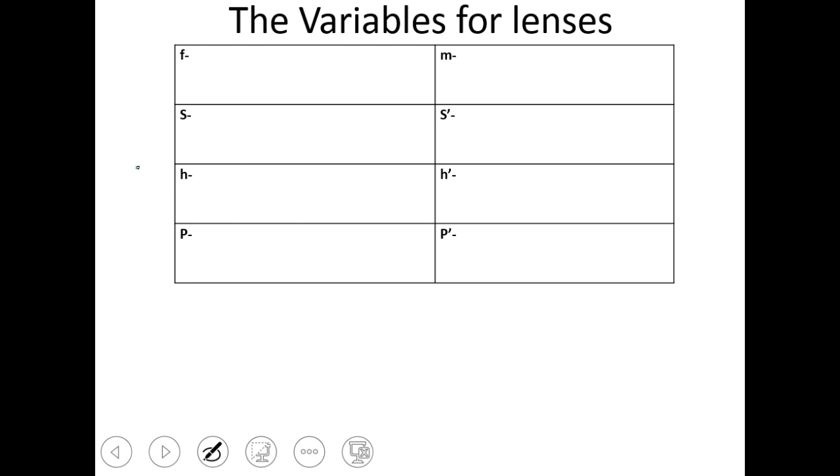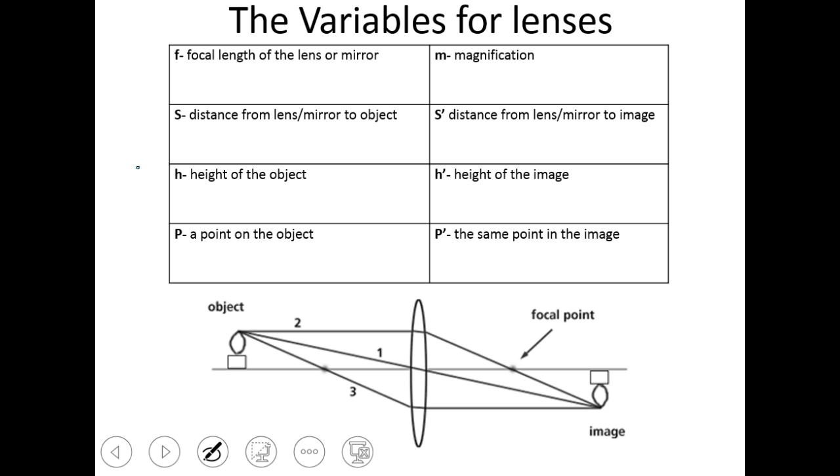So here we go. f is the focal length of the lens or mirror. Both lenses and mirrors have focal lengths. There is m for the magnification, which always tells us if it is bigger or smaller than the original object.